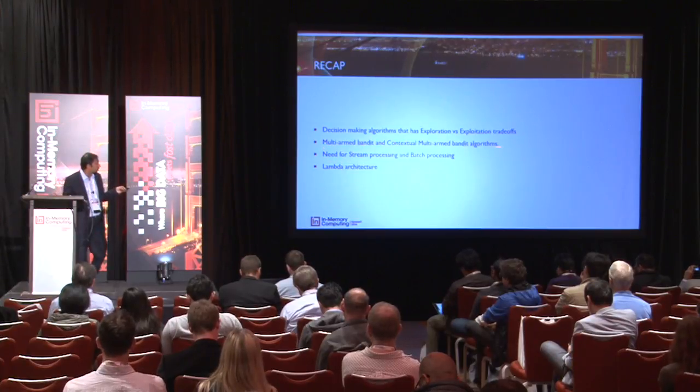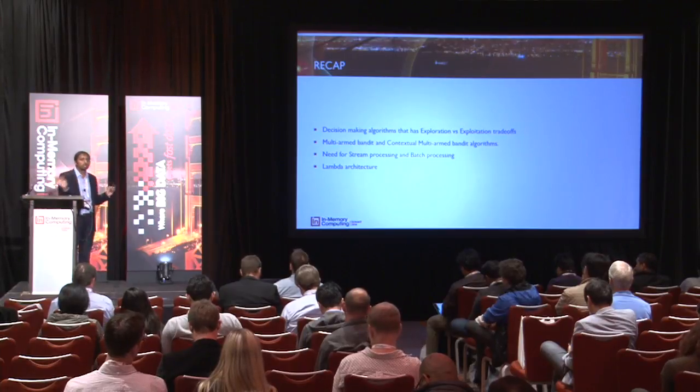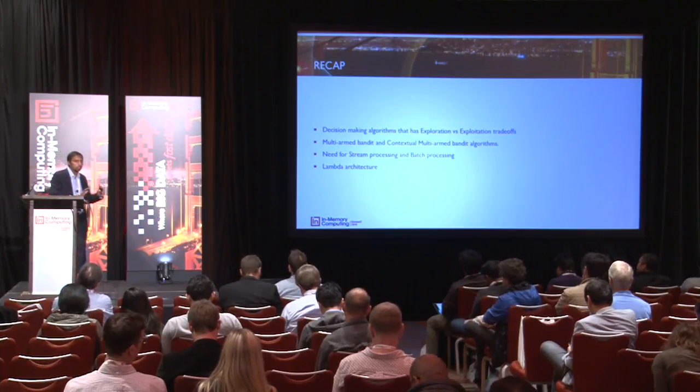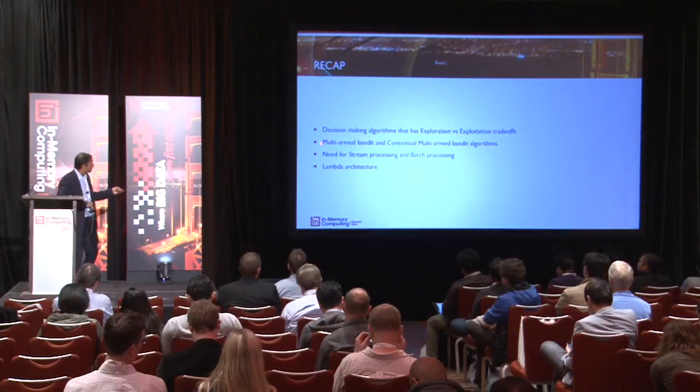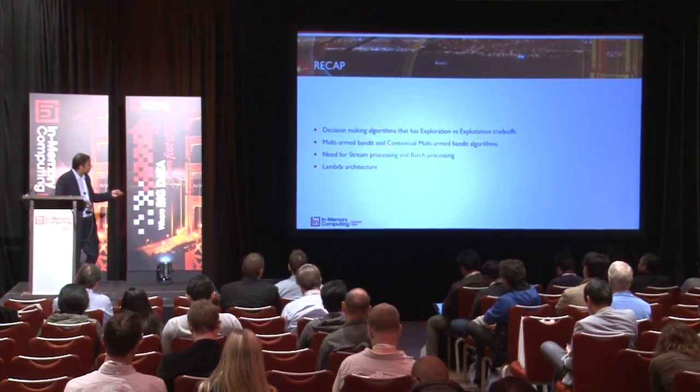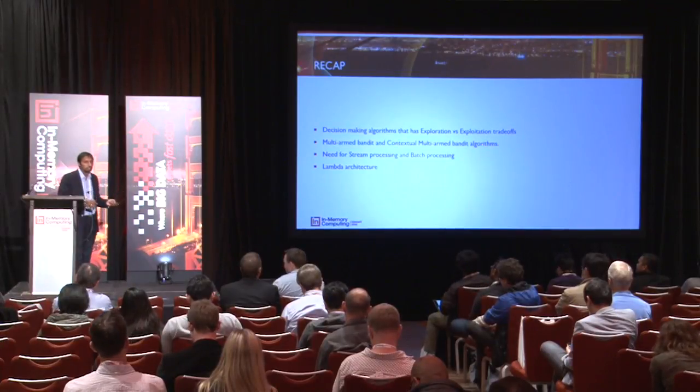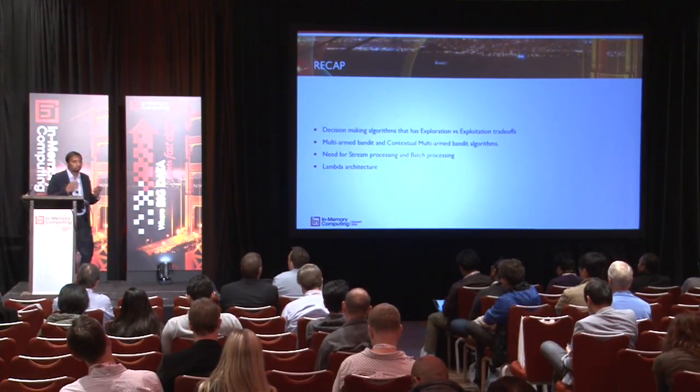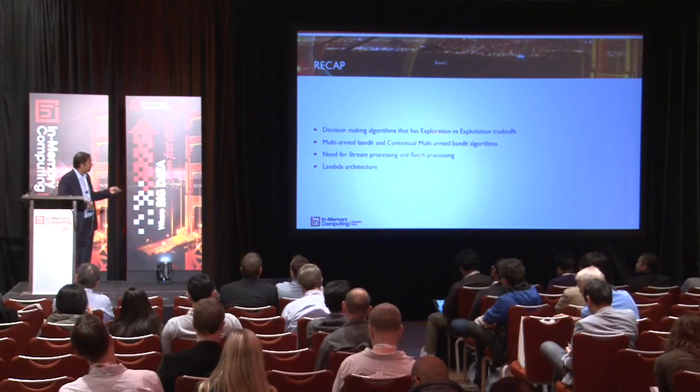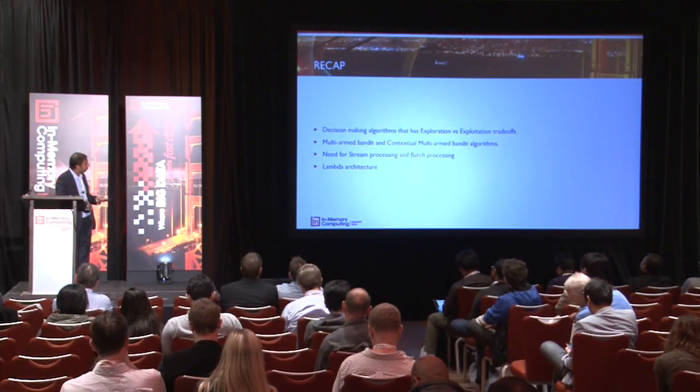We looked at two classes of algorithms, Multiarmed Bandit and contextual Multiarmed Bandits. There are other algorithms which I haven't talked about, but to keep the talk simple, I took these two. Contextual Multiarmed Bandit is being used in a lot of places for ad placement; LinkedIn, Yahoo, all those companies use these kinds of algorithms as well.